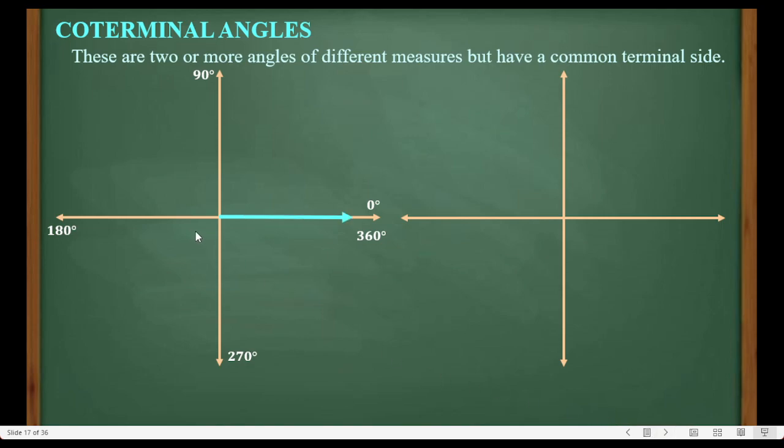So let us now draw an angle from the first Cartesian plane or rectangular coordinate system. So obviously the initial side starts on the positive x-axis, and then it rotates at this moment by 90 degrees counterclockwise, and the rotation terminates at this position.